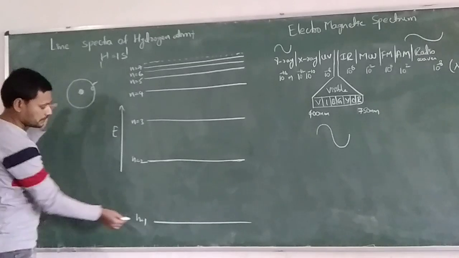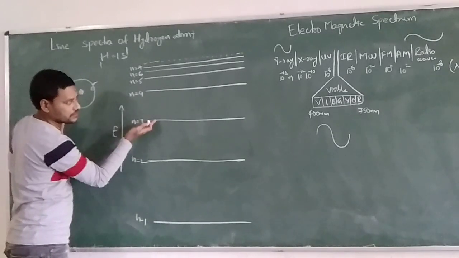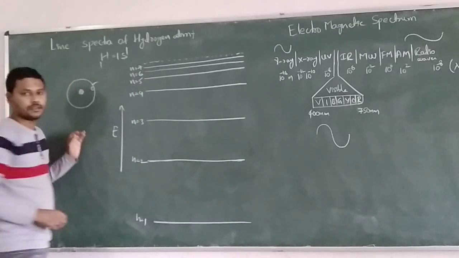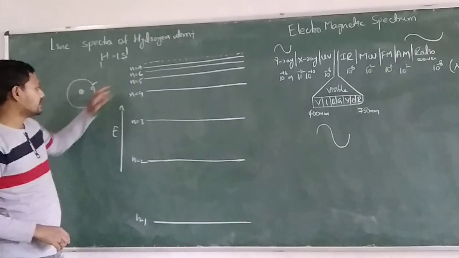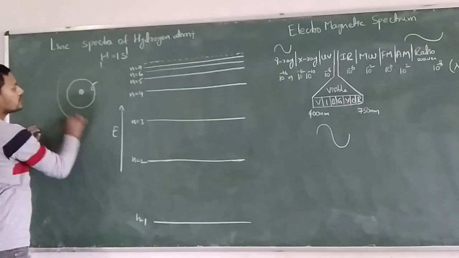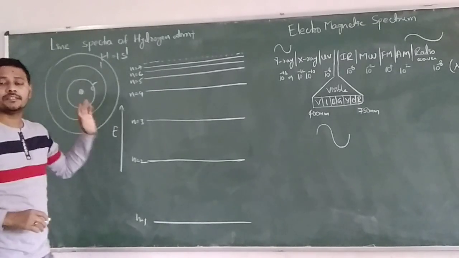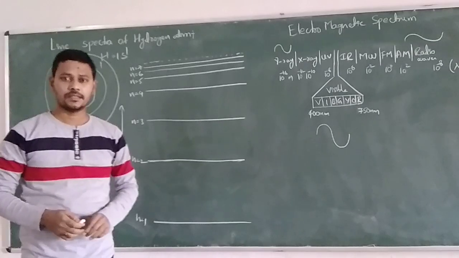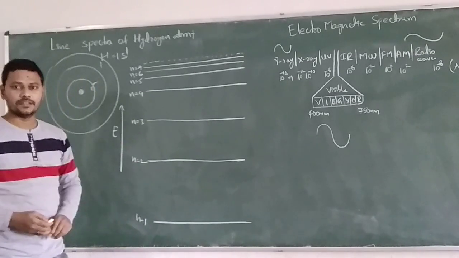This is the representation of shells. n equals 1 means the first shell, then second shell, third shell, fourth, fifth, and so on. As the number increases, the energy of the shell also increases.